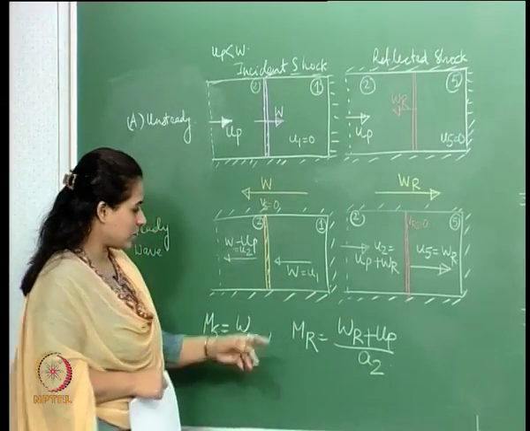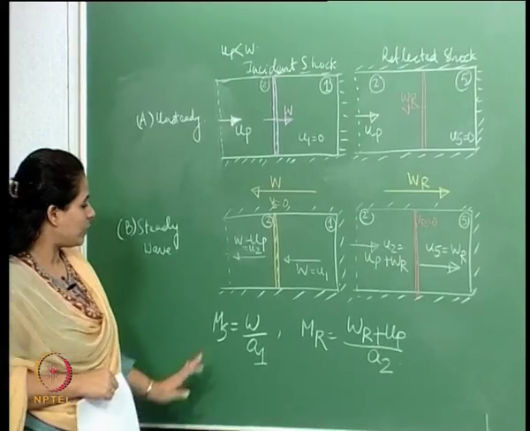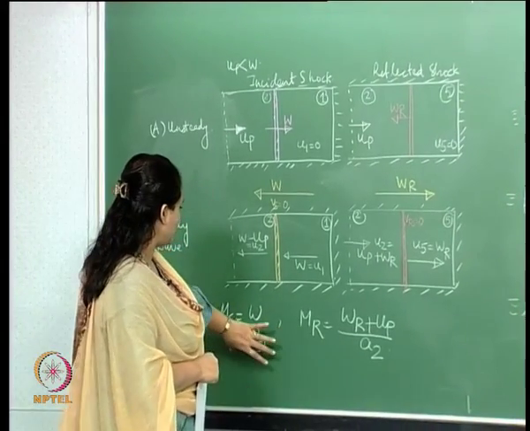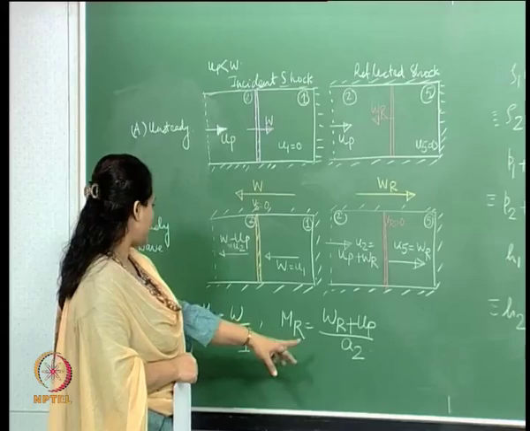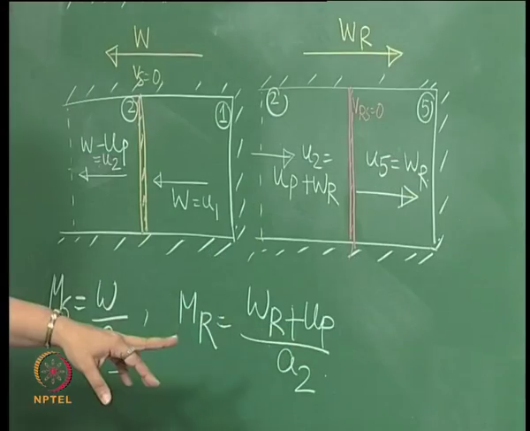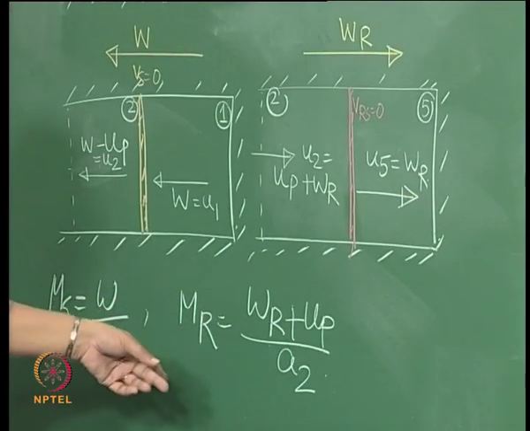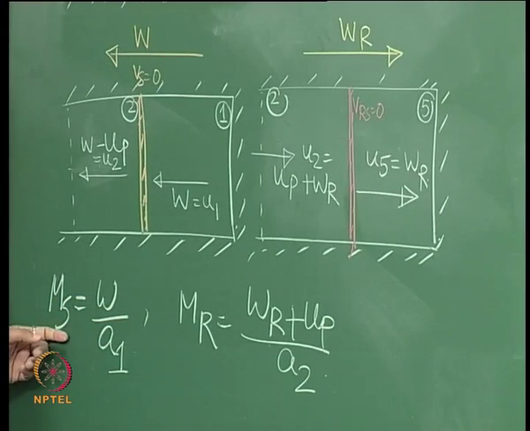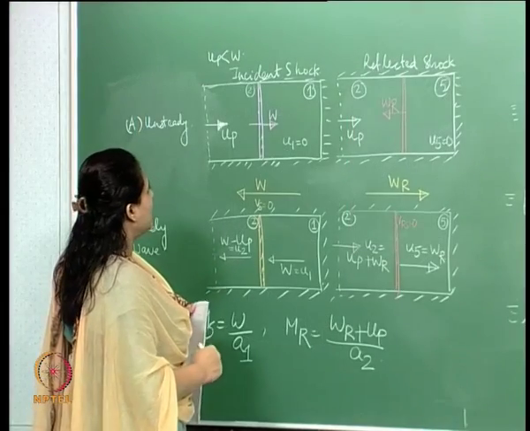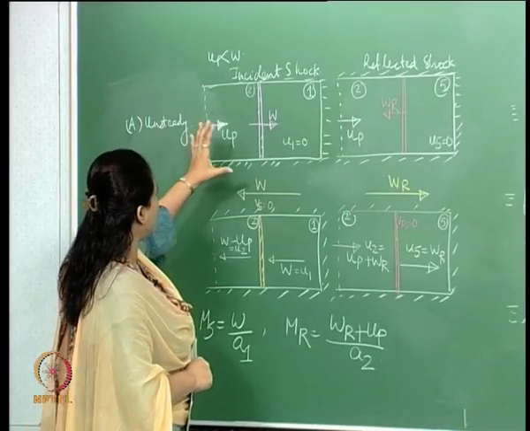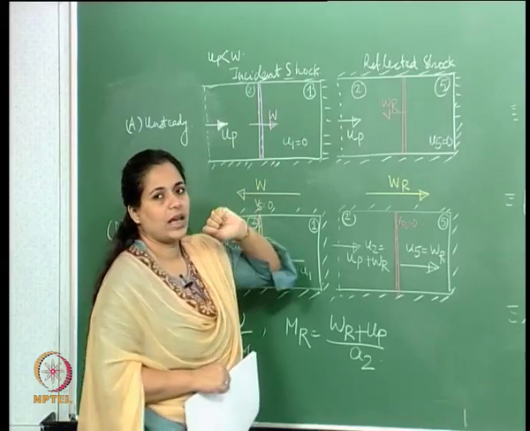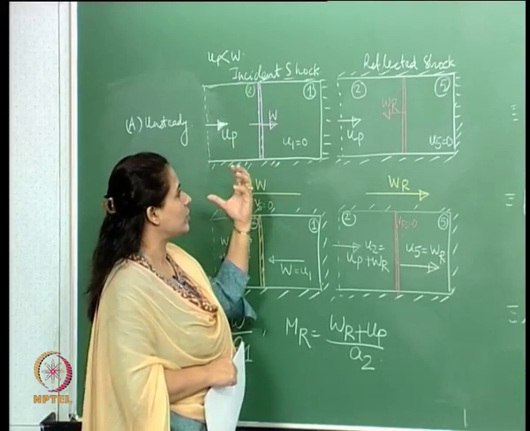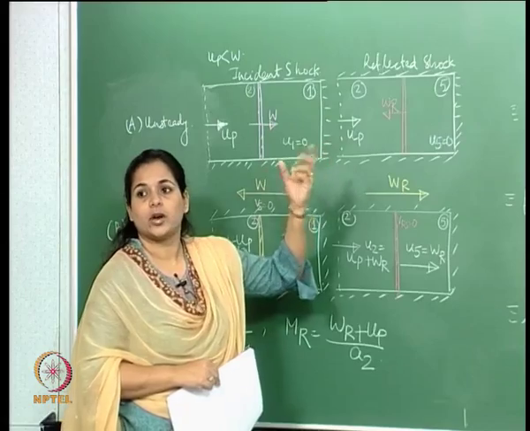Now these are the relationships that we know. Now if we use these two relationships, we can get some relation between the reflected shock Mach wave and the incident shock Mach wave. So what that means is that for a given incident shock, I will have an estimate of what sort of shock the reflected shock will be.